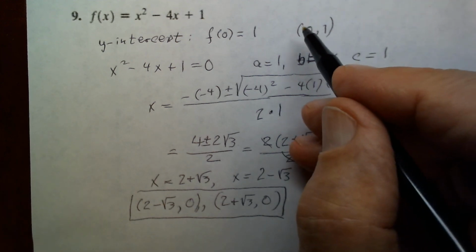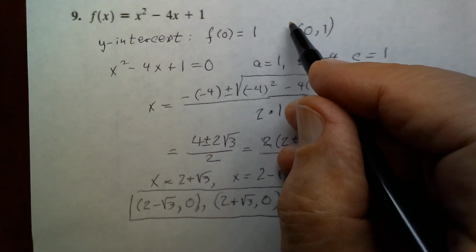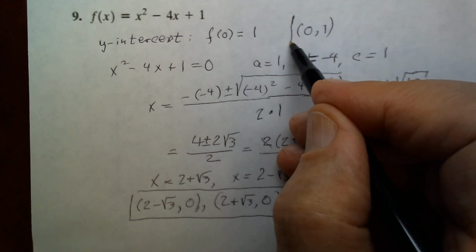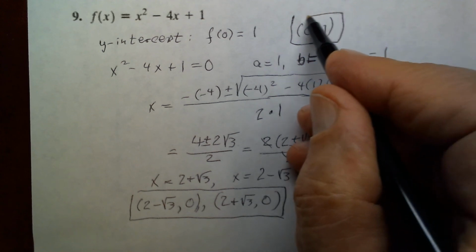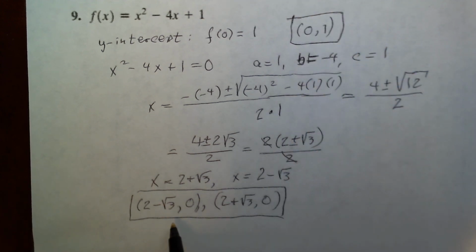So this was the y-intercept, 0, 1, and 2 minus the square root of 3, 0, and 2 plus the square root of 3, 0 are the x-intercepts.